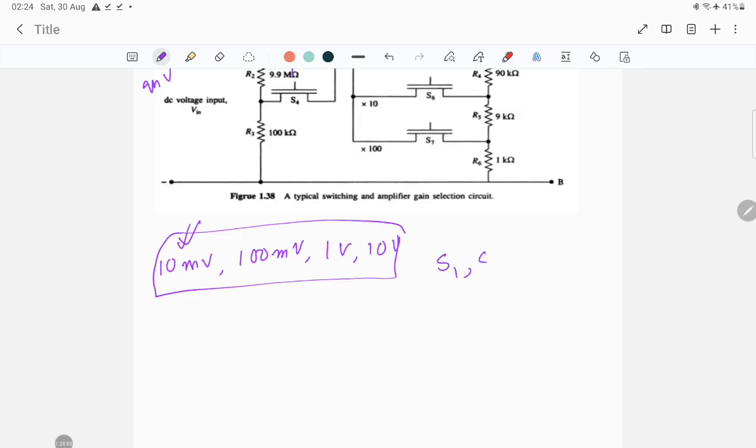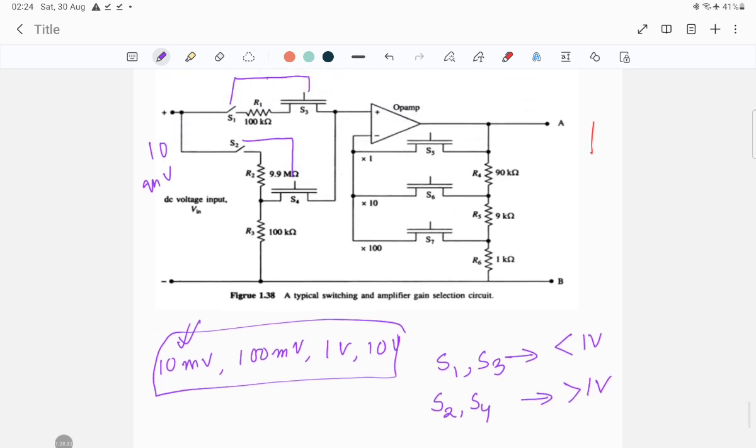S1 and S3 will be activated when the input voltage range is lower than 1 volt, and when your input voltage range is higher than or equal to 1 volt, then S2 and S4 will be activated at that time.